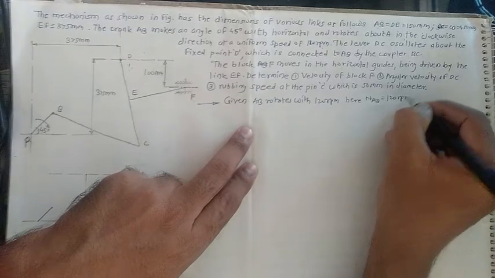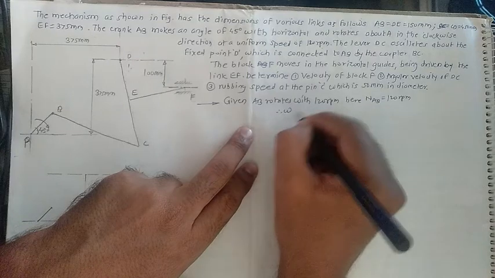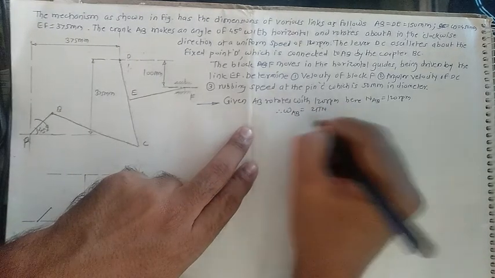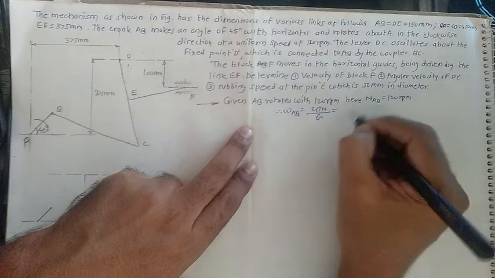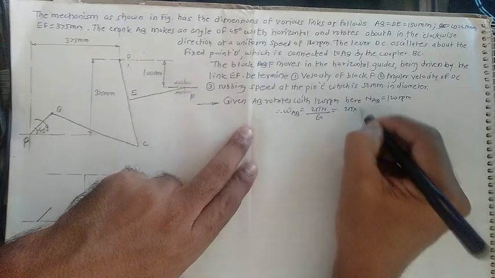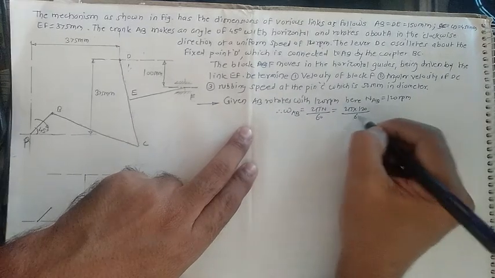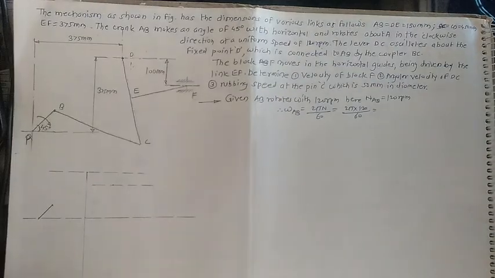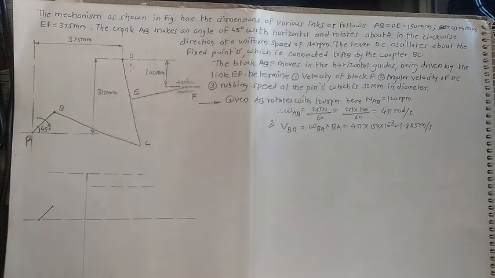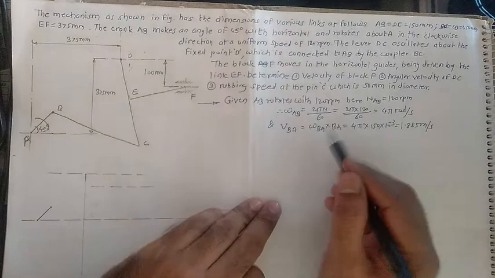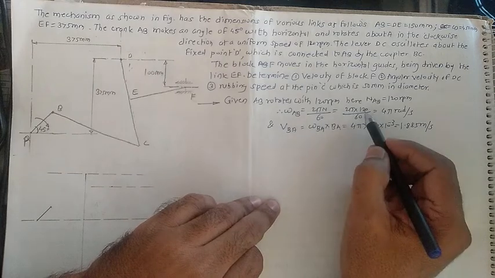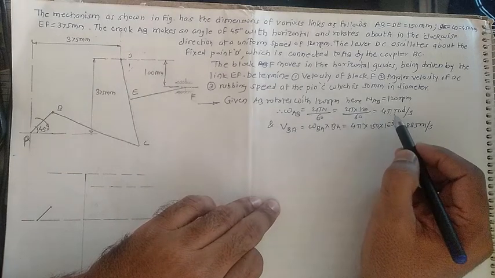Therefore, what about omega AB? Omega AB is nothing but 2 pi N divided by 60. So 2 pi N with 120 divided by 60. After doing the calculation, we get omega AB equals 4 pi radians per second.